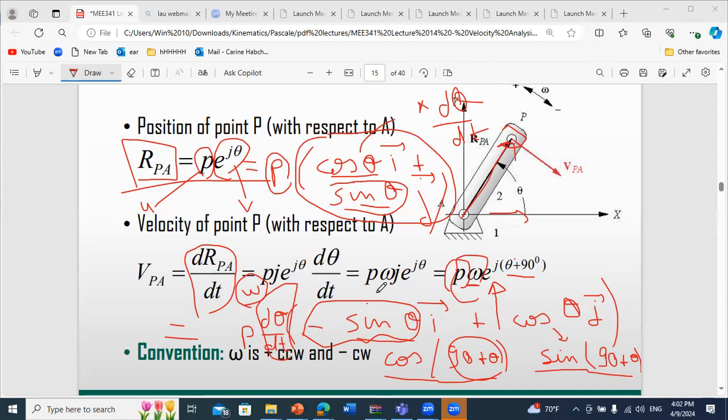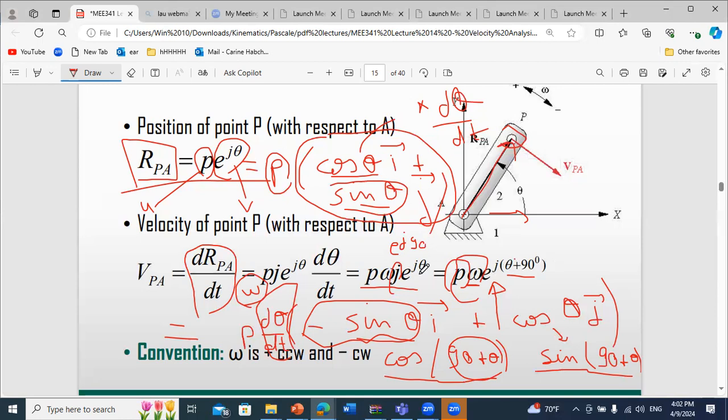This is equal to P omega times j times e^(j theta), because j is simply e^(j90). So when you do e^(j90) times e^(j theta), you get e^(j(theta plus 90)).